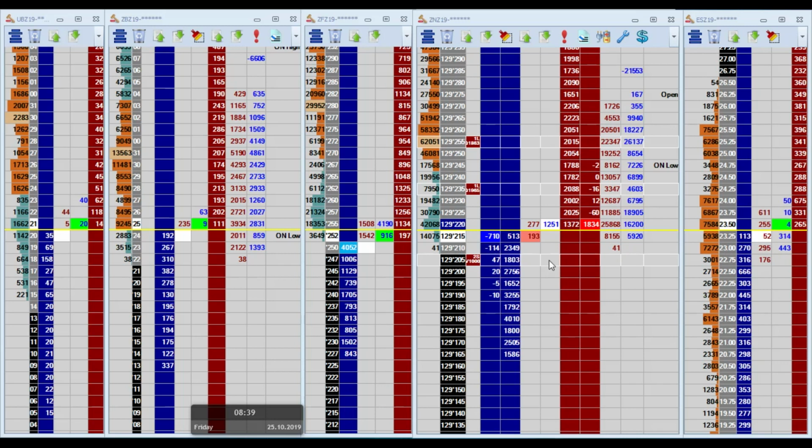I'm not liking this all of a sudden. Yeah, you could just see the shift, the change in the price action.